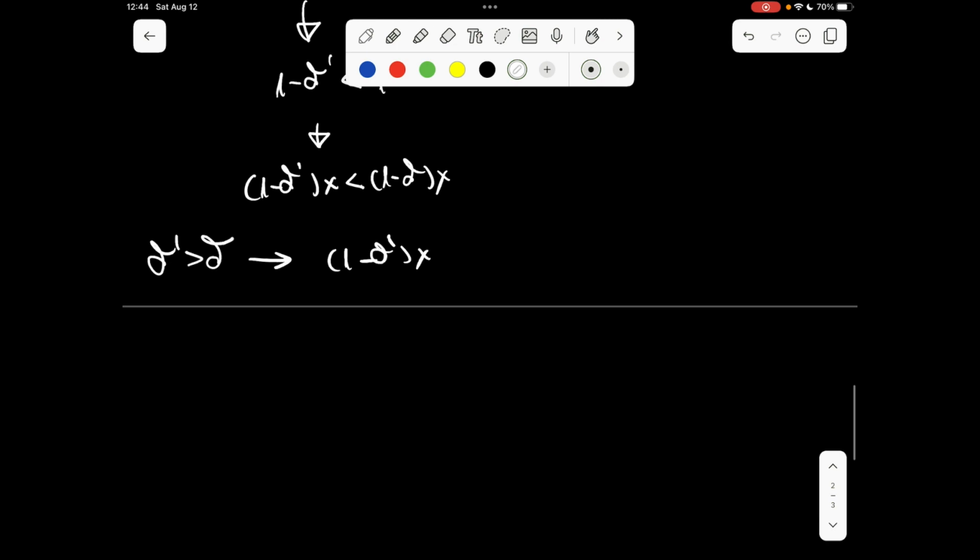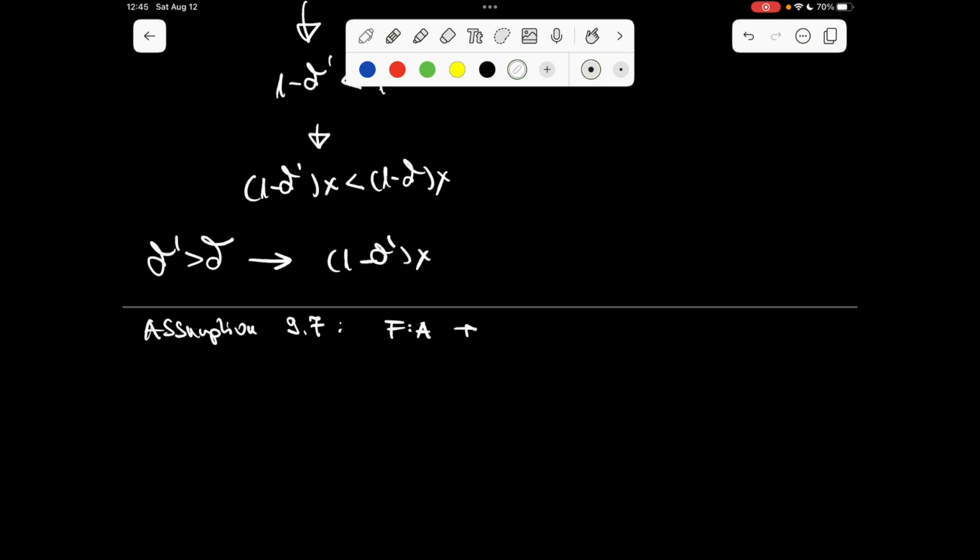Assumption 9.7. We need to show that the one period return function is bounded and continuous.